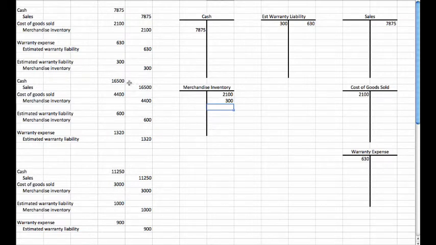Next, the set of transactions here. Debit the cash by $16,500. Crediting sales by $16,500. Debit the cost of goods sold by $4,400. Crediting merchandise inventory by $4,400.